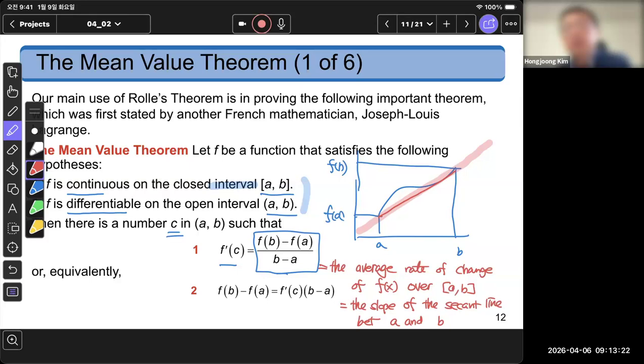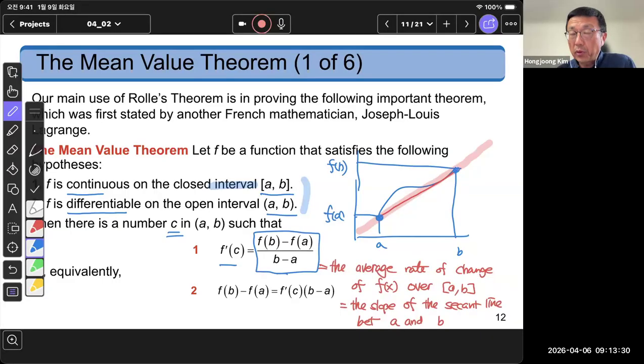So the point A, f of A, and the point B, f of B. Given these two points, the line passing through those two points is called the secant line. And the slope of the secant line was estimated by that expression on the right.